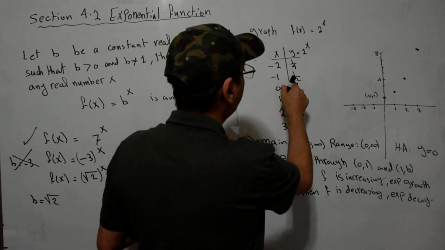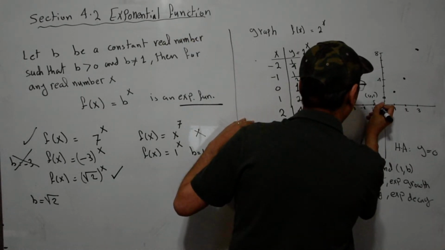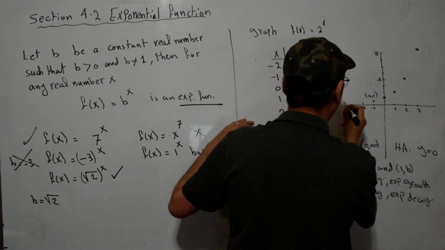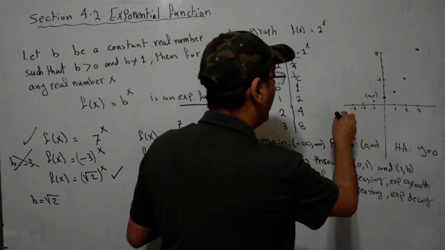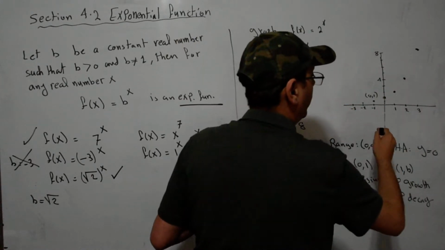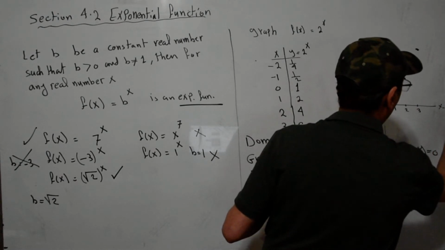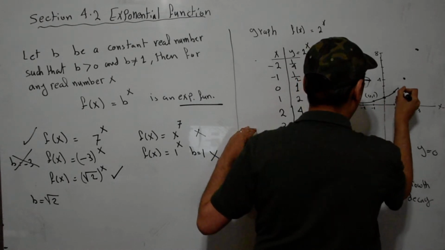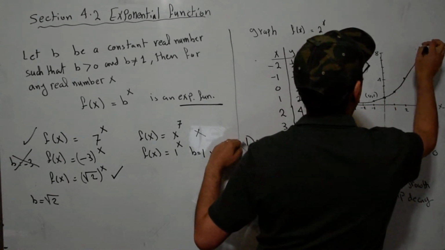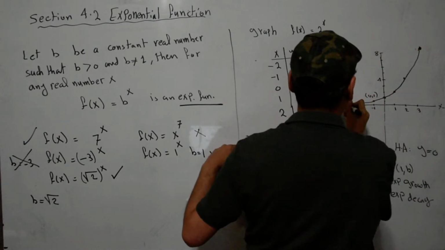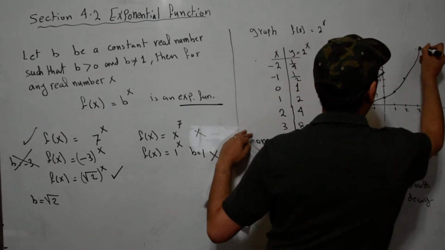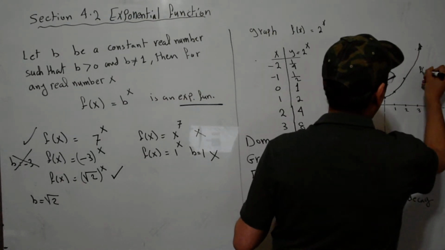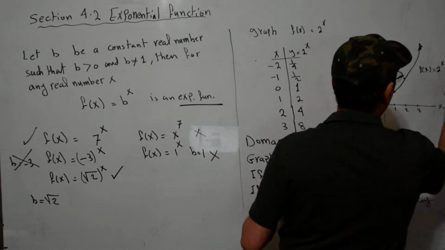Then negative 1 and 1/2, and negative 2 and 1/4. If I graph this function, it never touches the x-axis. So if we graph this, it would go this way. This is f of x equals 2 to the x.